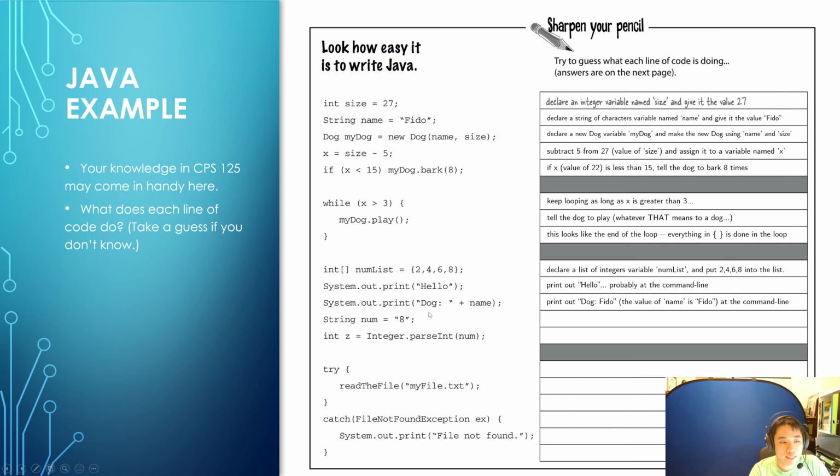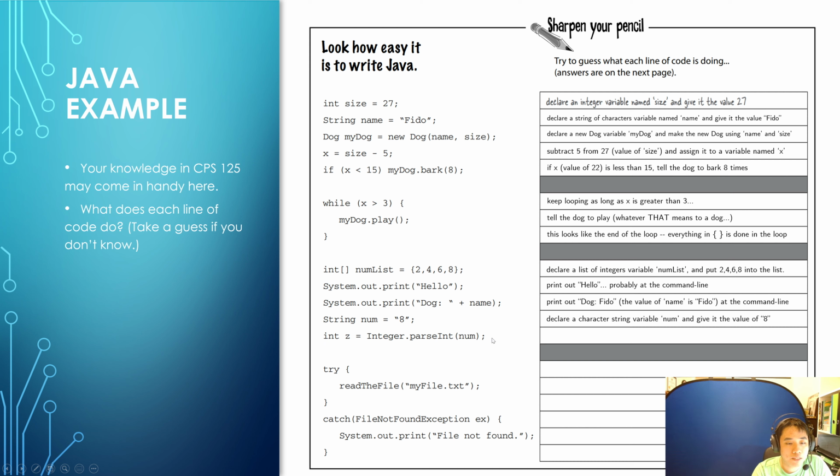Another thing in this section is we have the string variable called num, and we set it equal to quote unquote 8. Why did I say quote unquote? Because the string 8 is not the same thing as the number 8. Please don't mess it up.